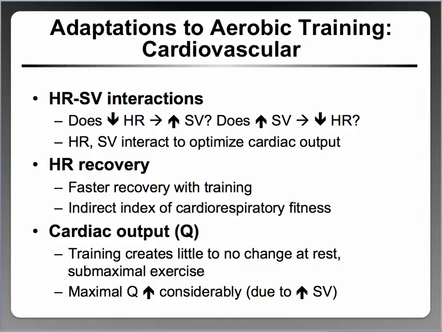To be honest, it doesn't really matter. What happens is that you optimize both the heart rate response and the stroke volume response, and they have the same goal, and that goal is to pump a maximal amount of oxygenated blood at the lowest energy cost. So we're going to move on and talk about heart rate recovery.